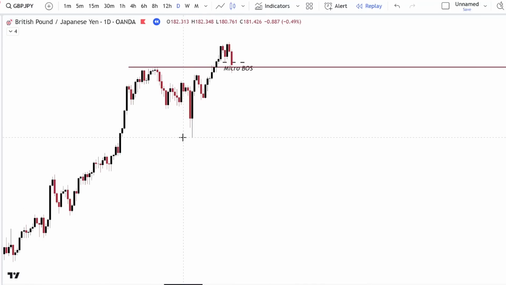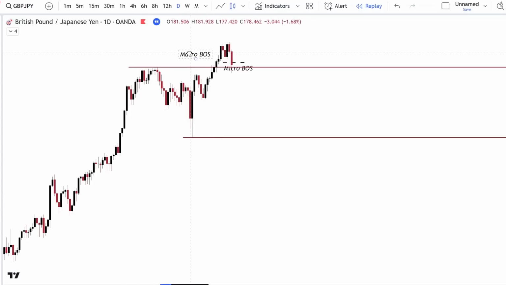And let's lock in our range. So this is our range high and this is our range low. And here is our macro breakup structure. This is our macro breakup structure to the upside.